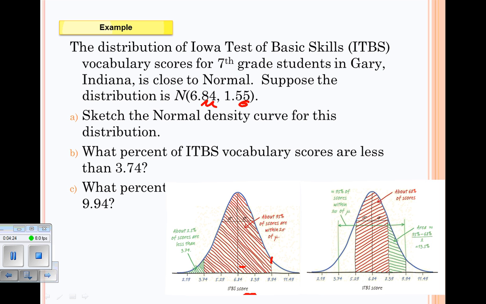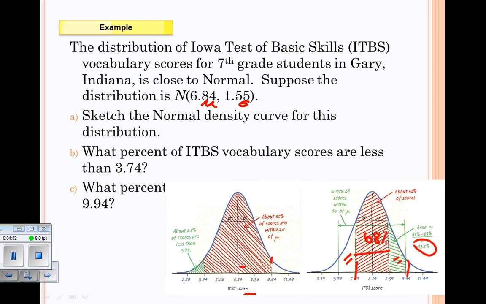It says, what percent are between 5.29 and 9.94? So 5.29 to 9.94 would be here to here. So I know this is 68%. And then I know that 95 minus 68 would be all of this guy and this guy. Divide that in half, and you're going to tag that much more onto it.